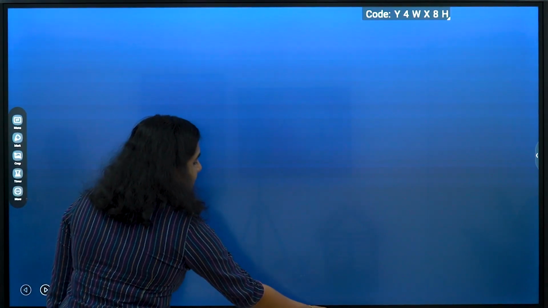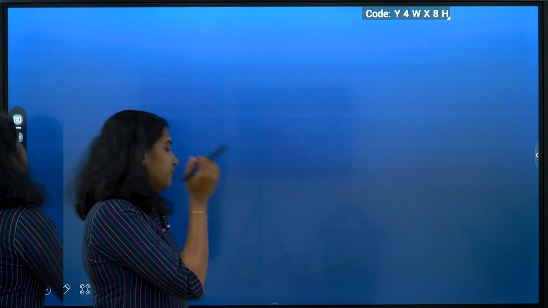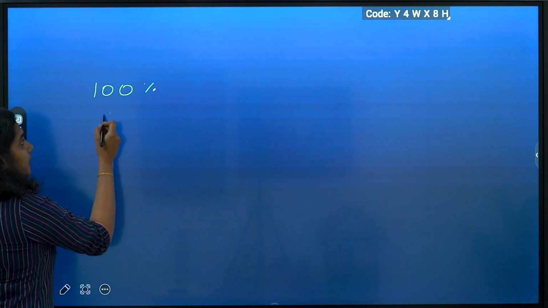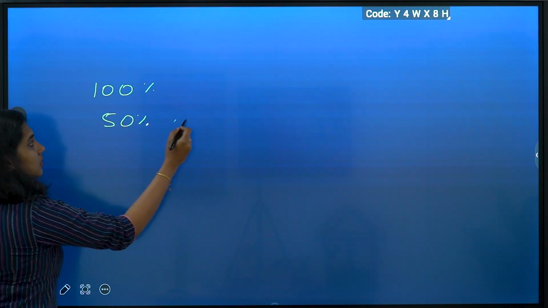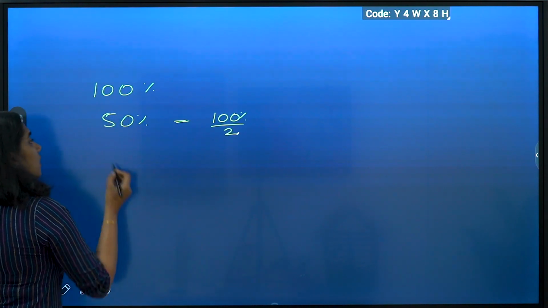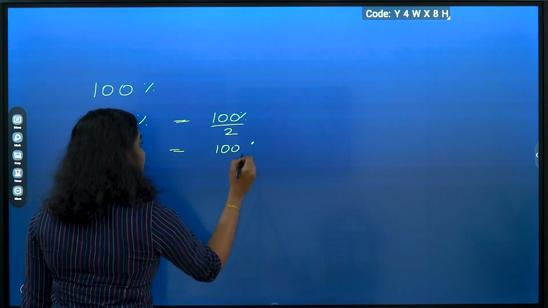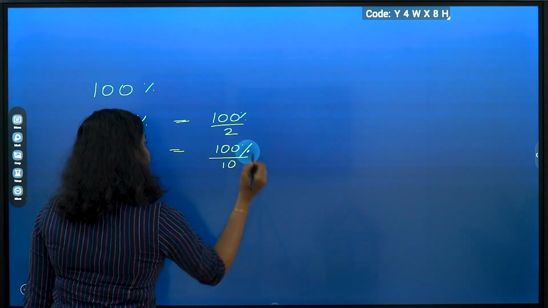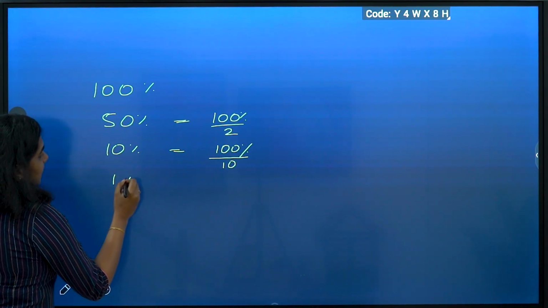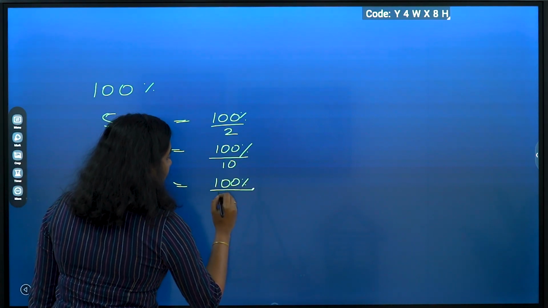Okay. So before moving into next question, I want to tell you something about a trick about percentage. Okay. 100% and 50% is equal to 100% by 2, right? Now 10% is equal to 100% by 10, right? Now 1% is equal to 100% by 100.